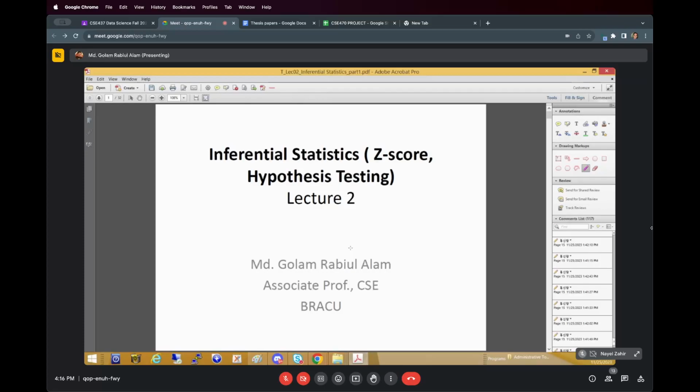Okay, in today's lecture, I want to start the statistics part of data science. It is also essential because we know that data can be in textual form, numeric form, or images or signals.